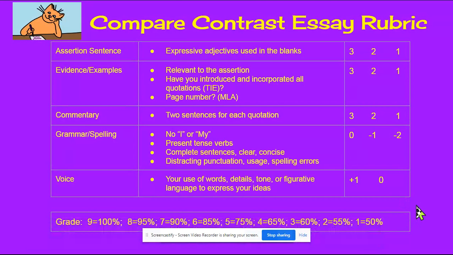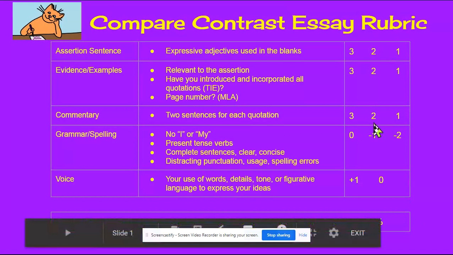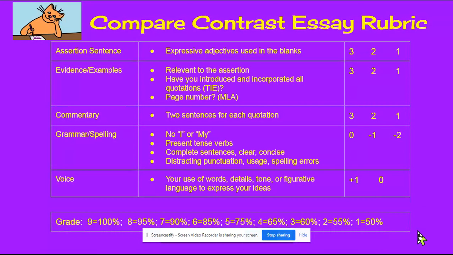Okay? All right. And then the grade, here's how it converts. If you earn 9 points, then you'll have a 100 on your essay. 8 points is a 95. 7 points is a 90. 6 points is 85. And it goes down from there. Okay?